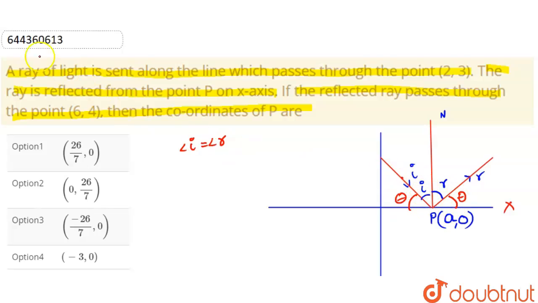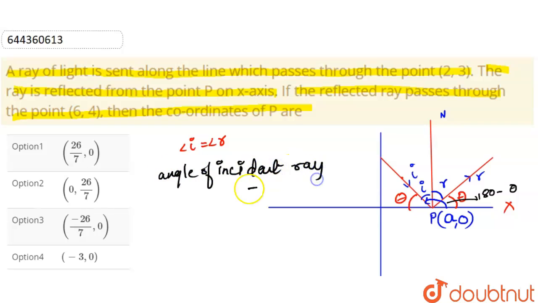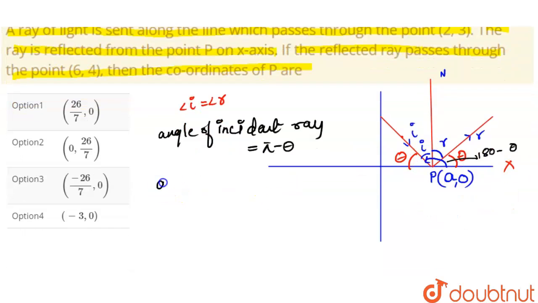So the angle made by the incident ray with the x-axis will be 180 minus theta. So the angle of the incident ray is pi minus theta, and the angle of the reflected ray is theta with respect to the x-axis.